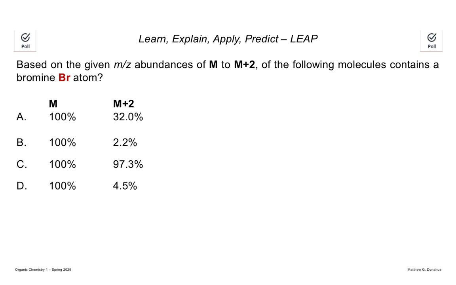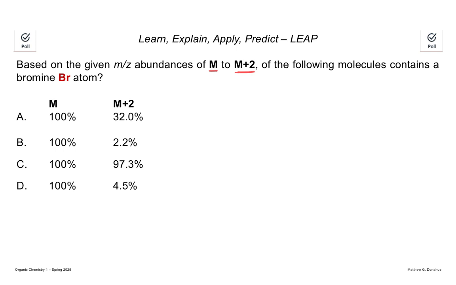So based on all of that, now I really want to be explicit about the nomenclature here. Again, M is your parent, M plus 2 is your parent plus 2 mass units. And the way the question is phrased, the numbers in the columns are telling you the abundance of those ions.